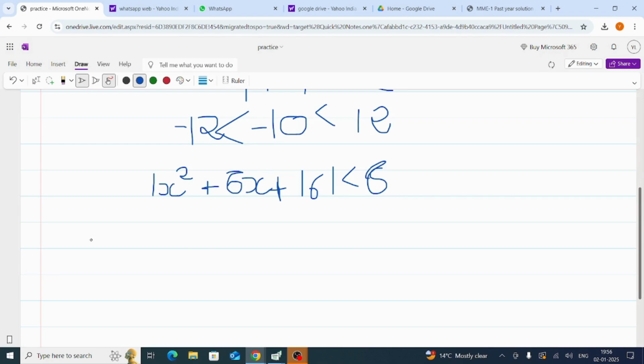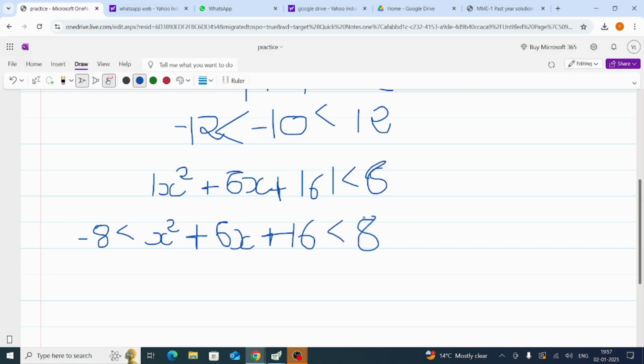According to the rule that I have just taught you, we are going to have minus 8 less than x square plus 6x plus 16, and this is going to be less than 8. Now modulus will be removed, because we have transferred the signs, right?